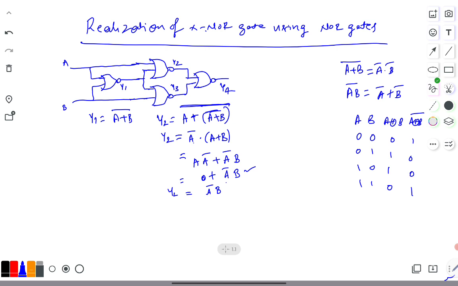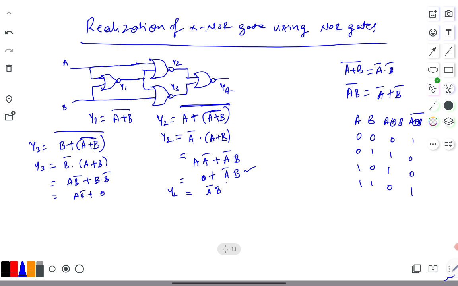Now let's simplify for Y3. Y3 is equal to B plus (A plus B) whole bar, whole bar again. Next, applying De Morgan's theorem, Y3 is equal to B bar dot (A plus B), which is A B bar plus B B bar.